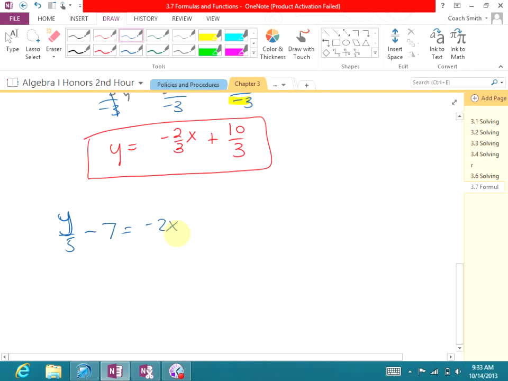This one's actually fairly simplistic. That's plus and negative. I'm going to take it over to the other side. Becomes y over 5 equals negative 2x plus 7.